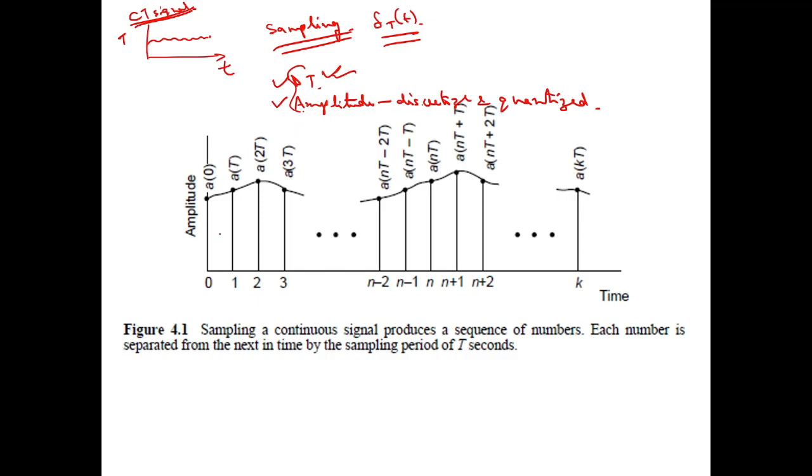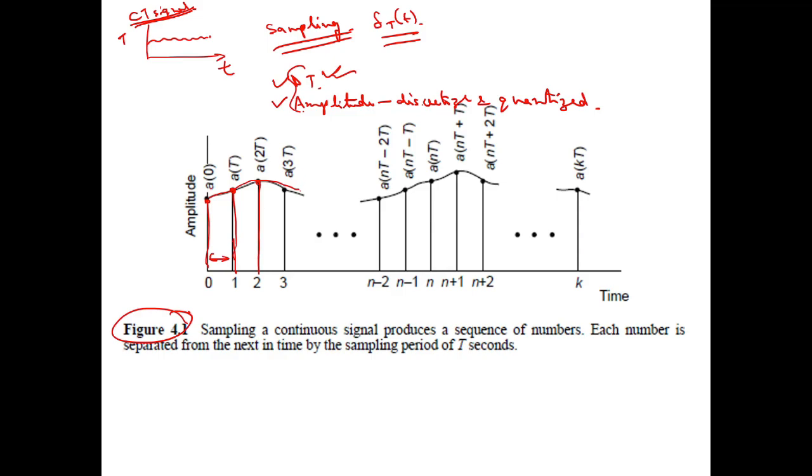So say for example, in this figure 4.1, we are having a continuous time signal. Then we are multiplying with some impulse signal, right? When we multiply, within this 0 and 1 index, the amplitude value is 0.